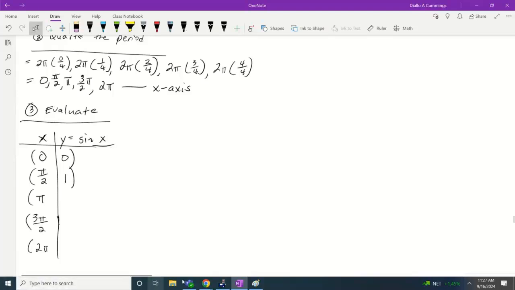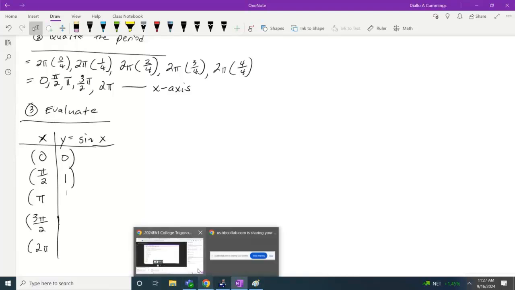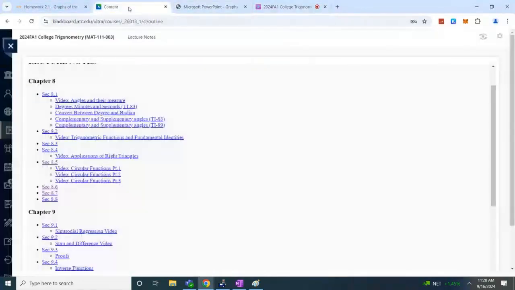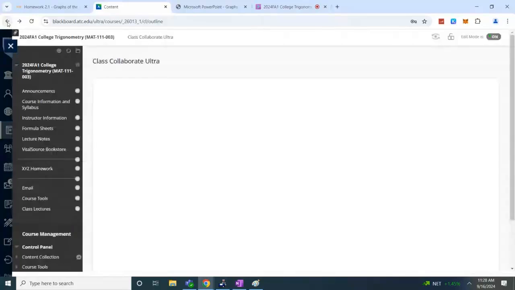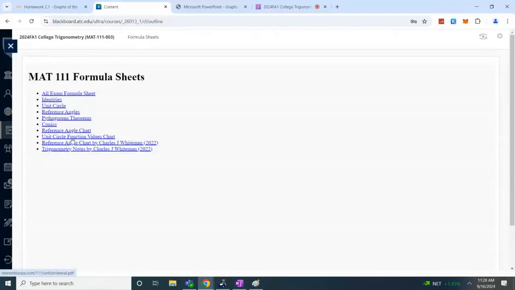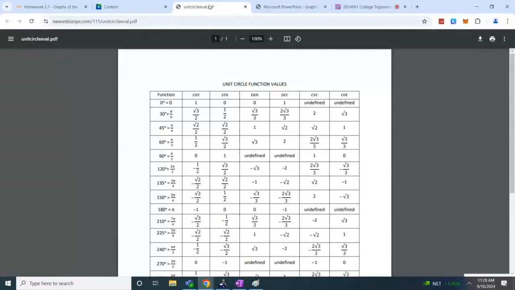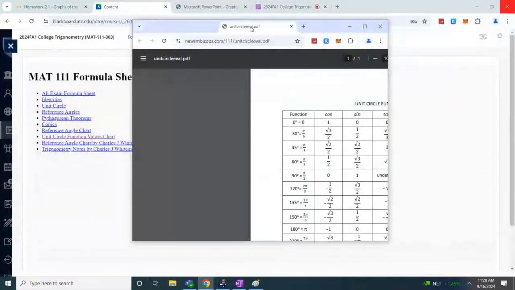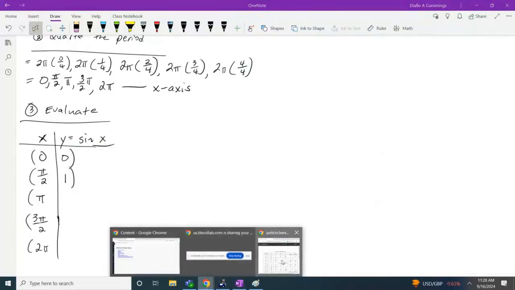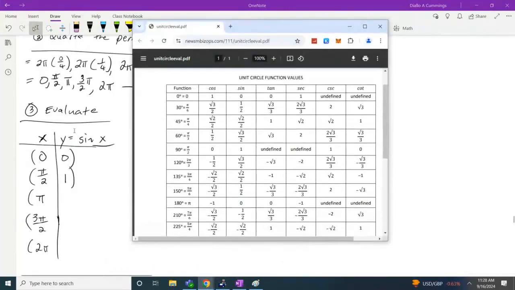Let me show you where I'm getting these values from. If I go back into the formula sheet section, I'm going to pull up the unit circle function values chart, and this is where I'm pulling those values from. So let's say we wanted to find the sine of 0.